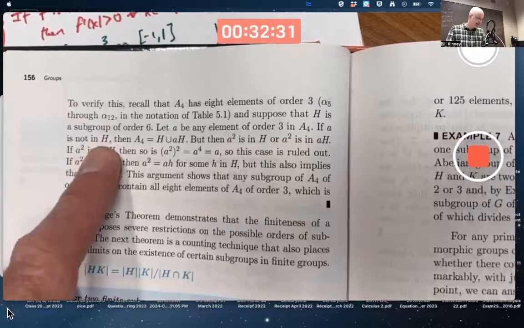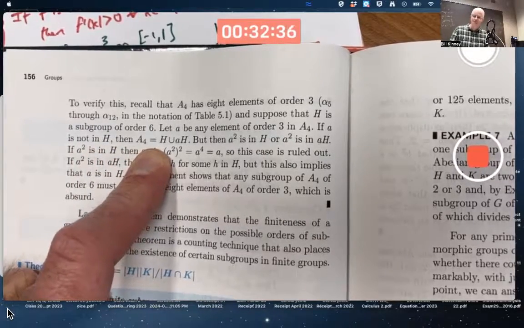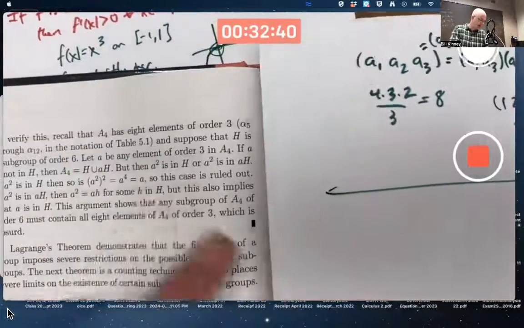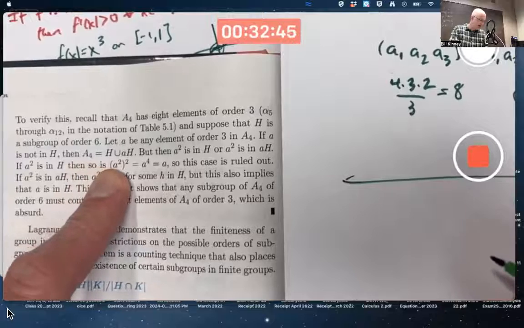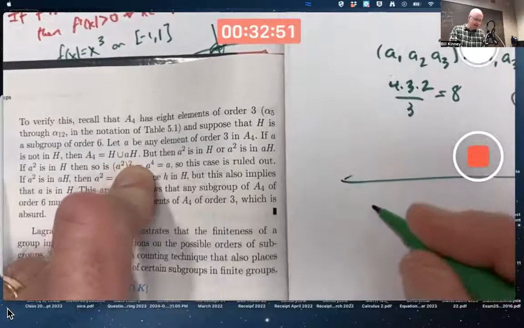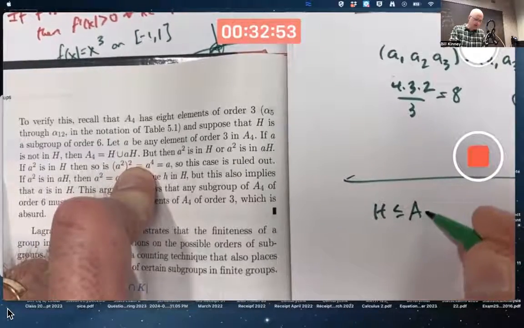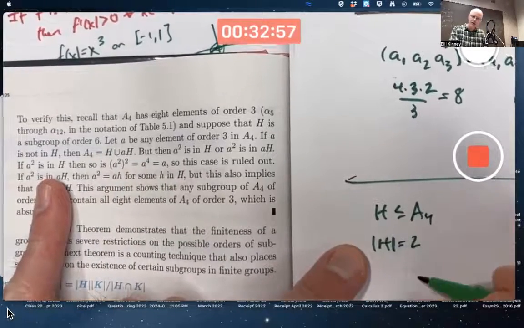If a is not in H, then this is true, first of all. Where does that come from? If a is not in H, then A4 is the union of H and this left coset aH. H is a subgroup of A4. We're assuming it's got order 6, sorry.